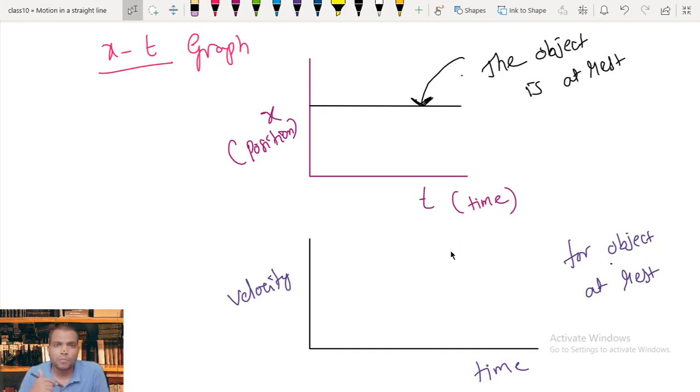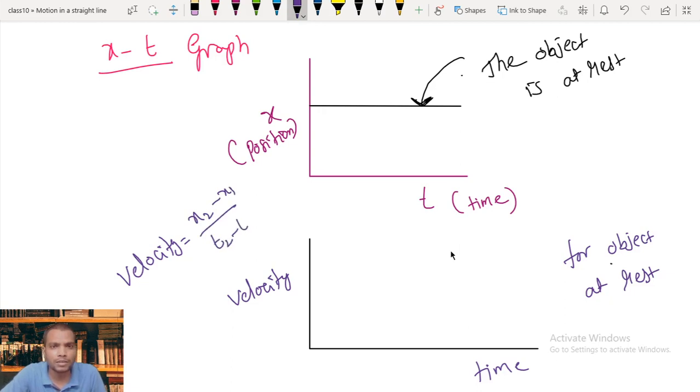How can I find the velocity time graph by using the position time graph? I know only one formula till now, that velocity equals change in position, x2 minus x1 upon t2 minus t1. Suppose for your understanding, let me take numbers here: this is at 20.